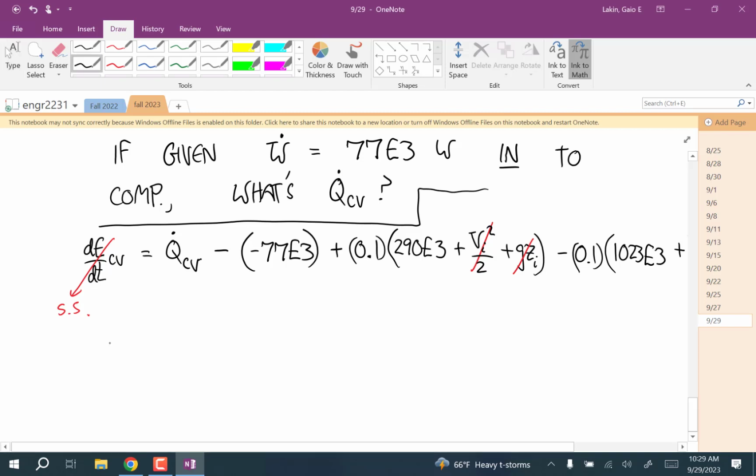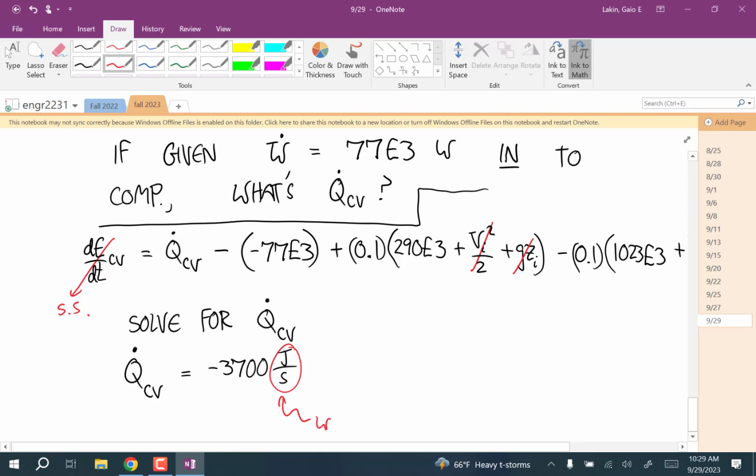So if you go through that calculation, you get that the rate of heat transfer in the control volume is negative 3,700 joules per second. And joules per second is watts, of course, you can write it like that.